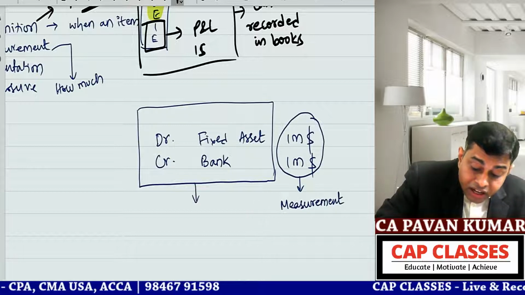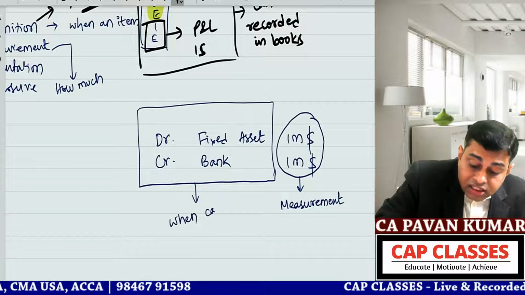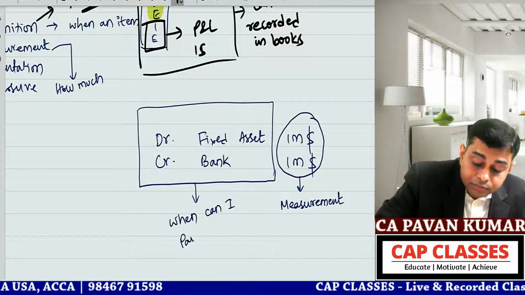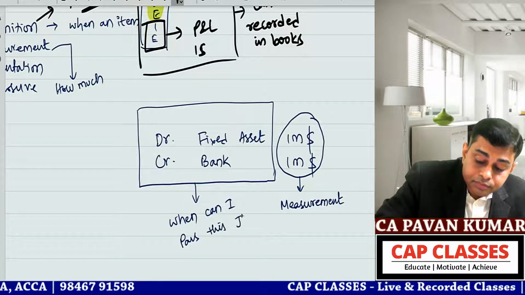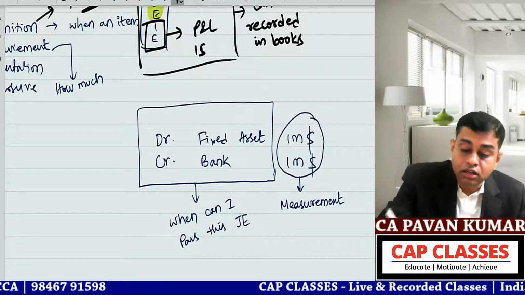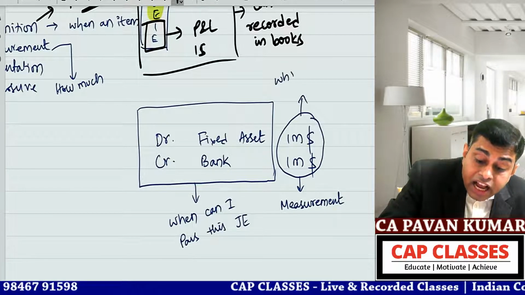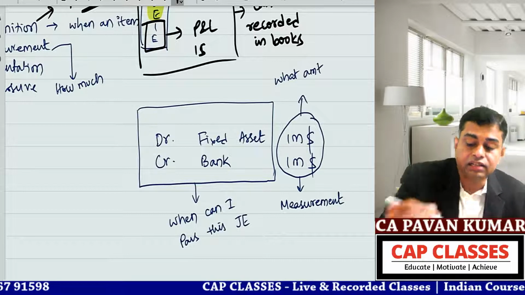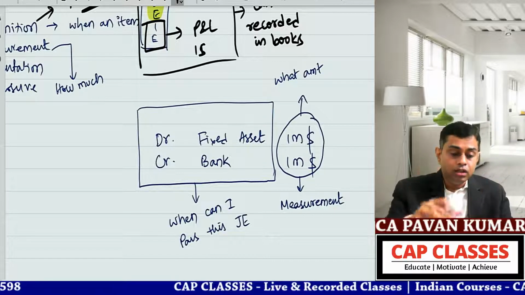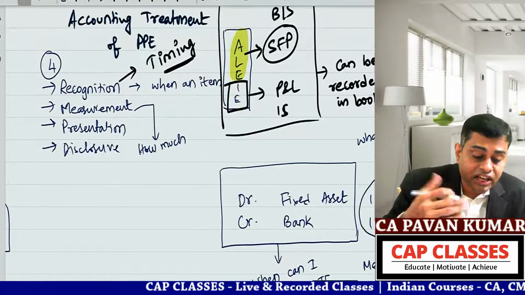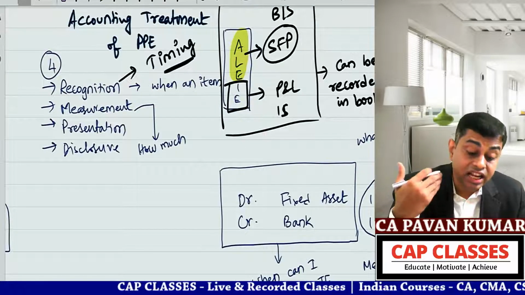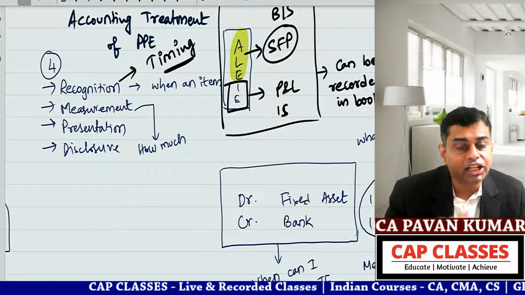So when can I pass this entry is recognition. With what amount I have to pass this entry is measurement. Simple. So accounting standards deal with recognition, accounting standards deal with measurement, then comes presentation.